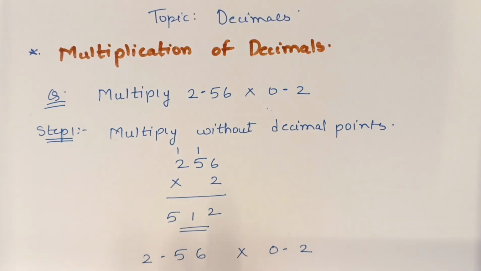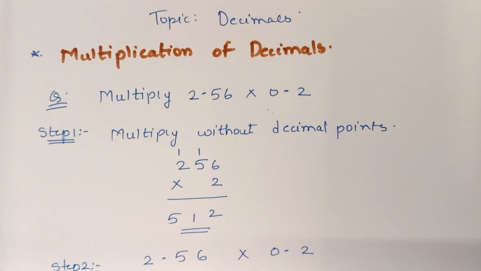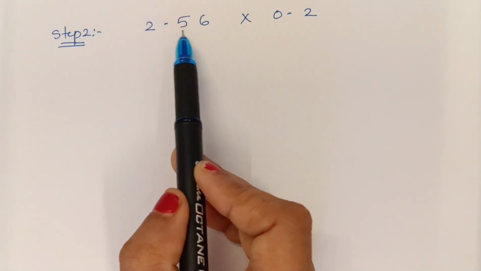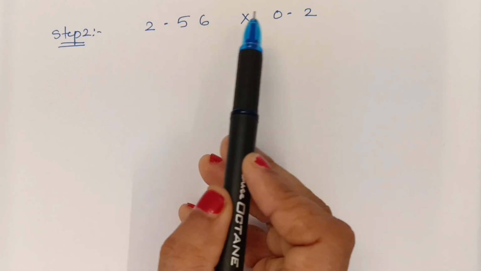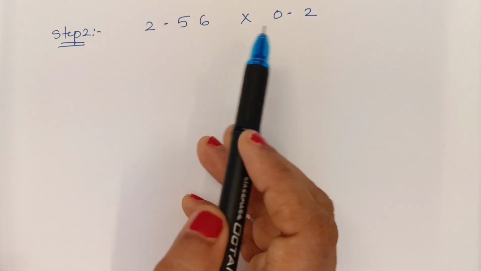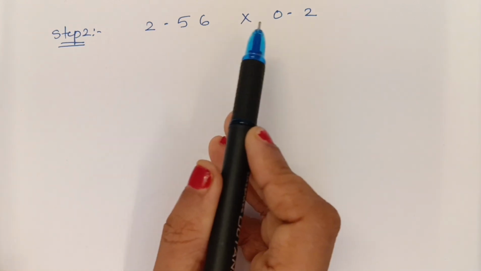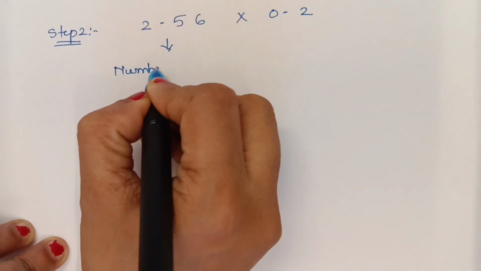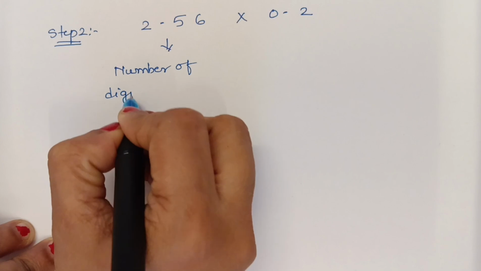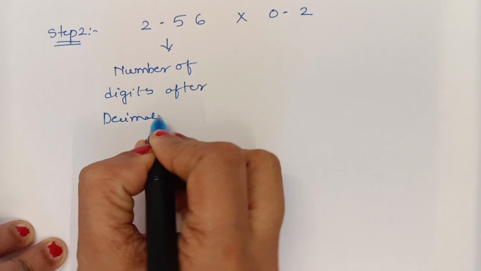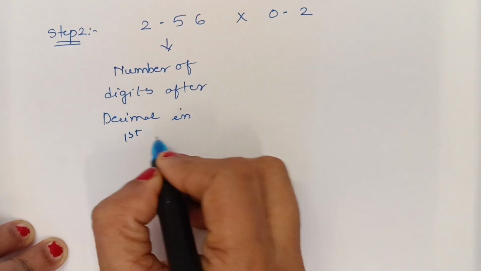Now when you see this question, 2.56 into 0.2, understand step 2 properly. As we have seen in step 1, you have to multiply the decimal numbers just like whole numbers, ignoring the decimal points. Now in step 2, you have to count the number of digits after the decimal in the first number.